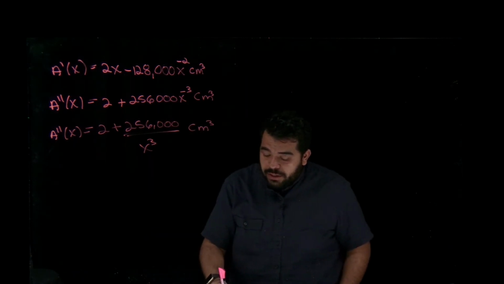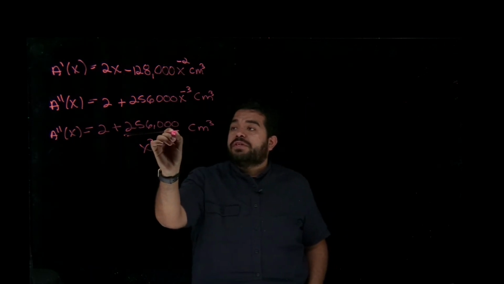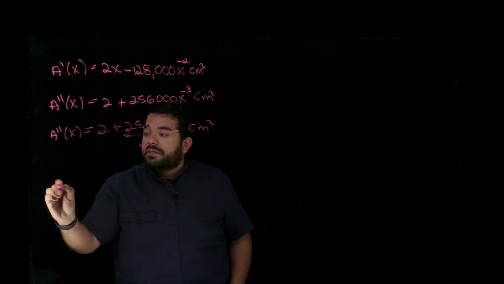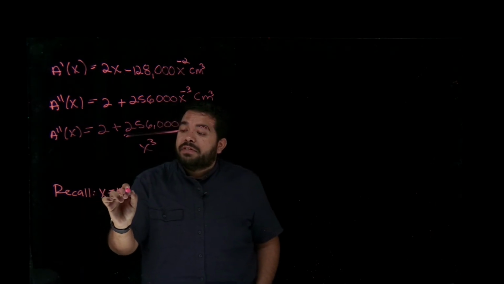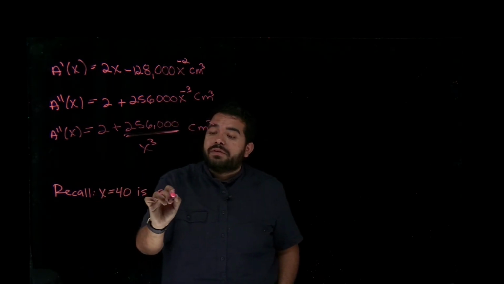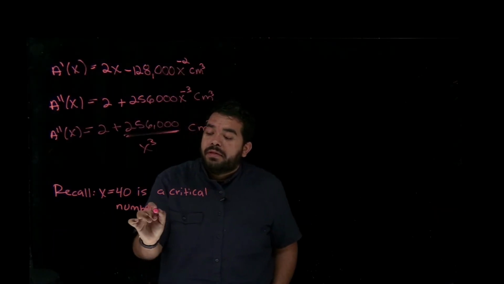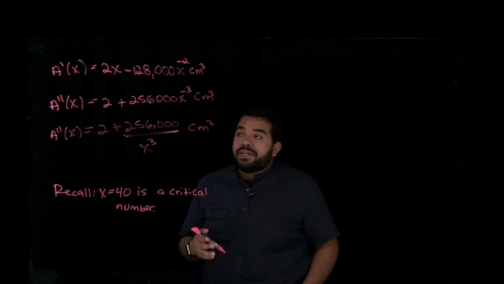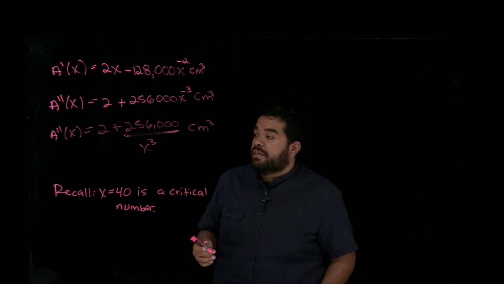All right, so now that we have this here, again, we're going to plug in our value 40. Let's recall that x equals 40 is a critical number. So what we're going to do now is plug it into the second derivative to check if we have concave up or concave down.